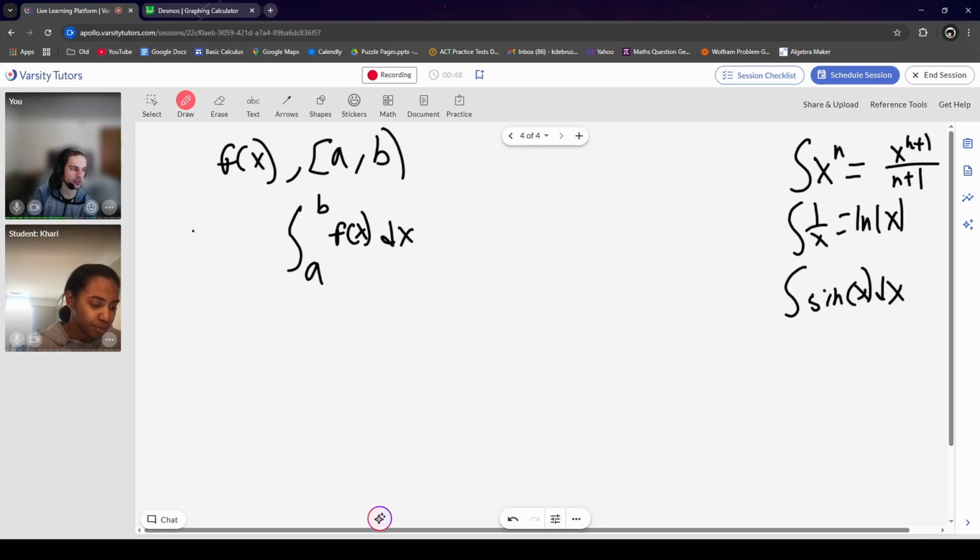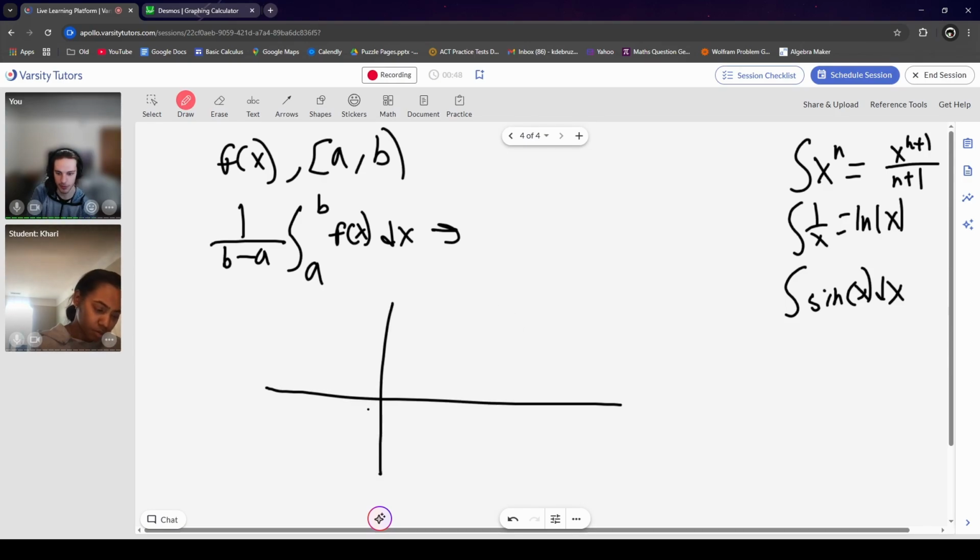The mean value theorem says if we also tack on a 1 over b minus a term, this actually produces the average value over the interval. For example, let's do sine.